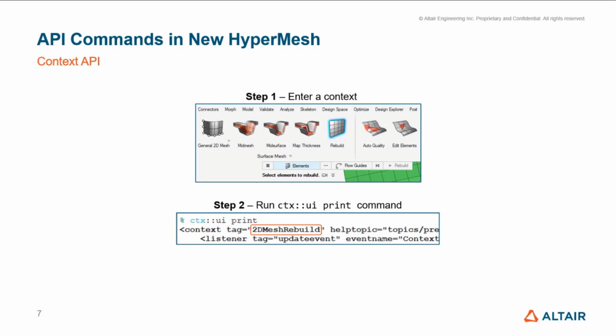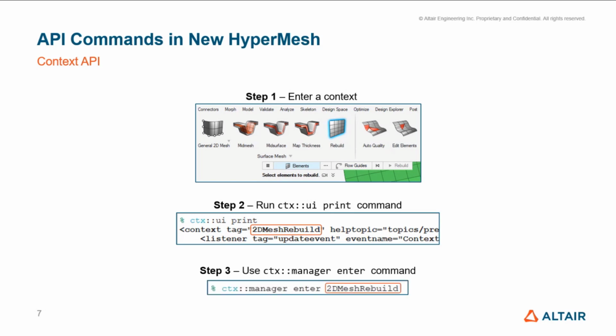The important point here is that at the top we can see the tag, and that is the name of your context. This is the name that you can then take and use to refer to this context, and use the CTX manager enter command to enter this context as part of your scripted solution.